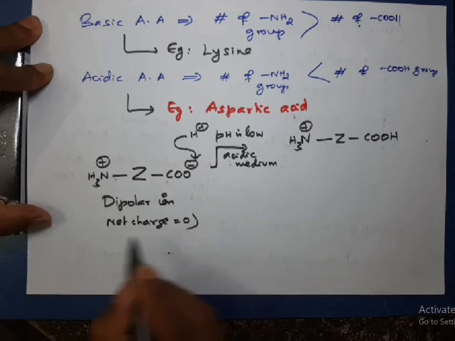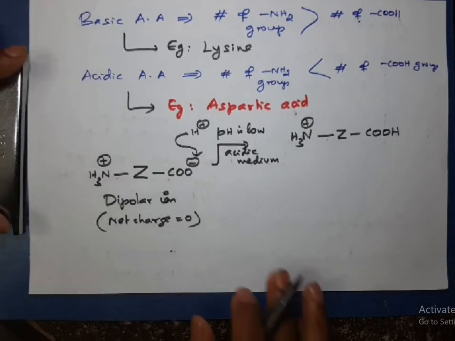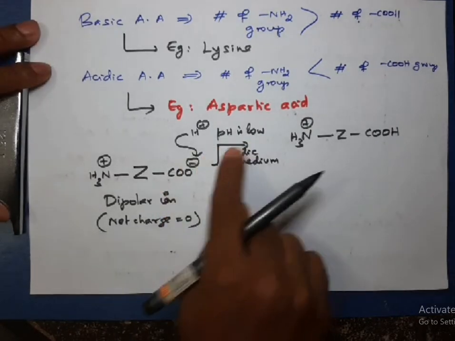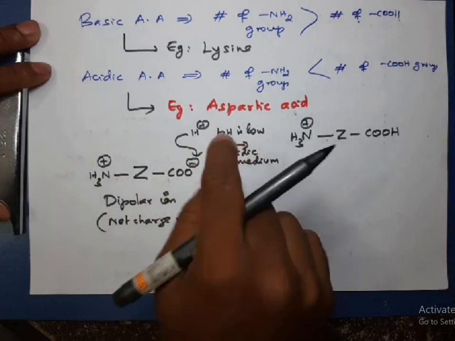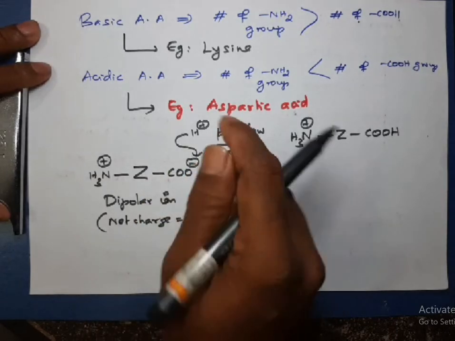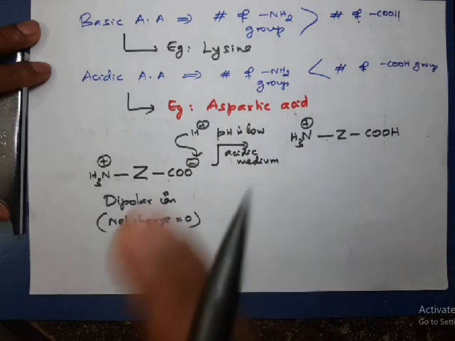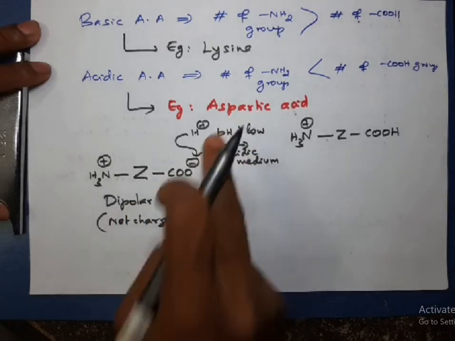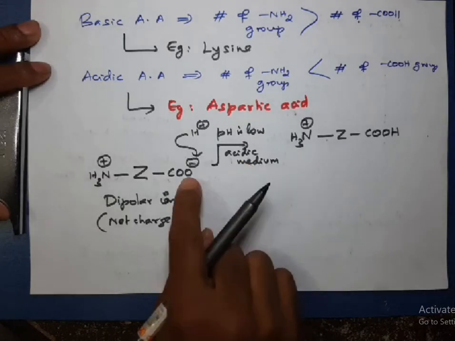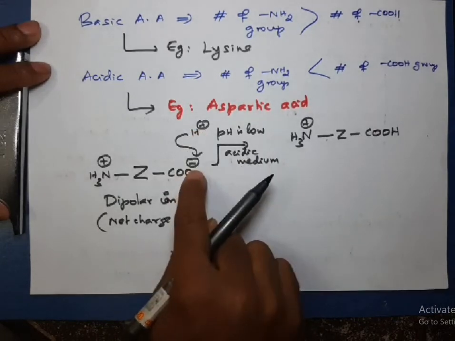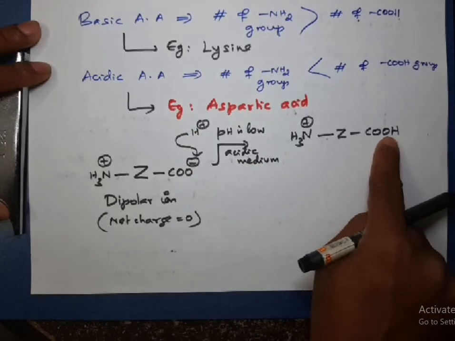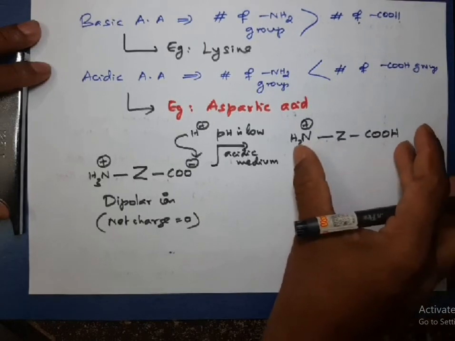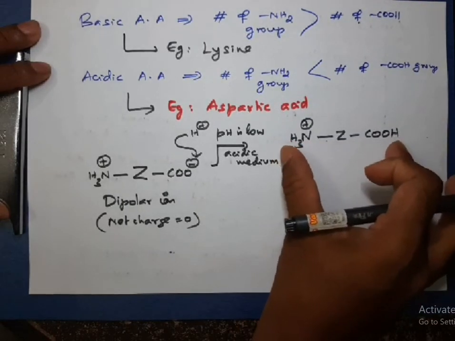Now in low pH, if I add the amino acid in acidic medium, what will happen? This COO minus group takes H plus and becomes COOH. So in acidic medium, the amino acid exists like this.